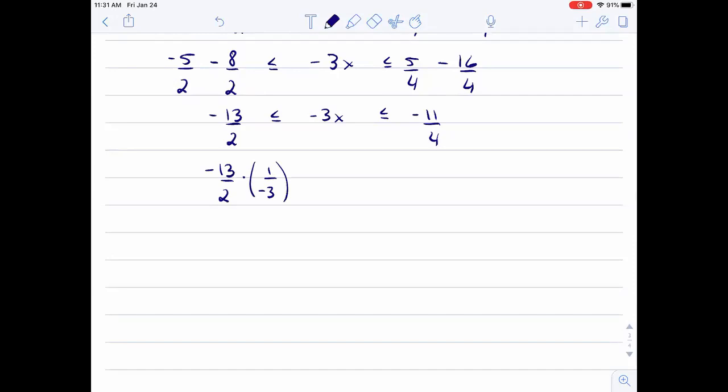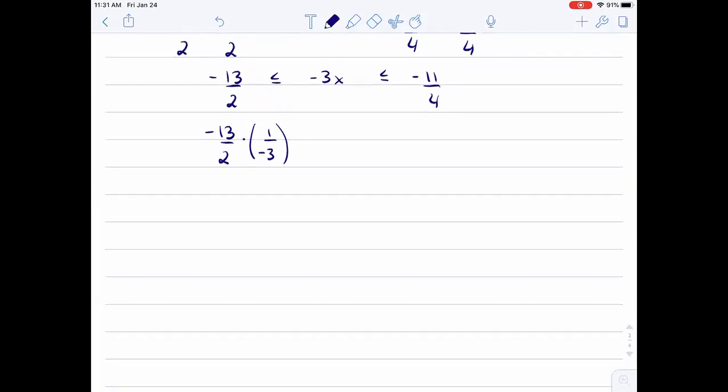Or should I do it properly? This way or that way? The other way would be to rewrite this as negative 13 over 2 divided by negative 3. Technically, negative 3 can be written as negative 3 over 1. Now I've got a fraction over a fraction.